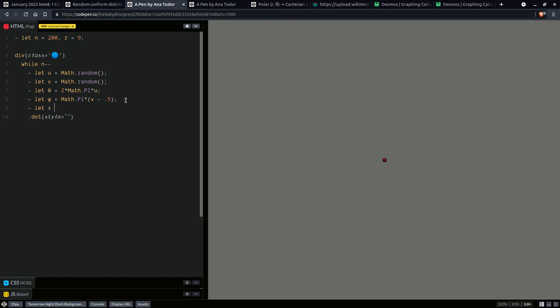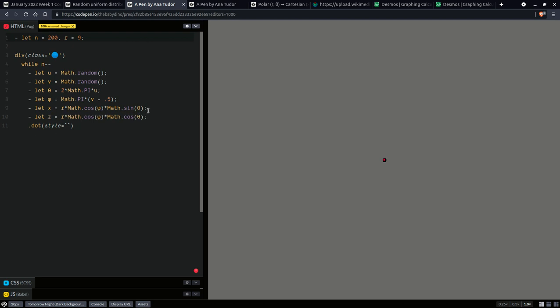And now we're going to have our x, y, coordinates. So here we're going to have the radius times cosine of phi times sine of theta, and then similarly, except it's going to be cosine.